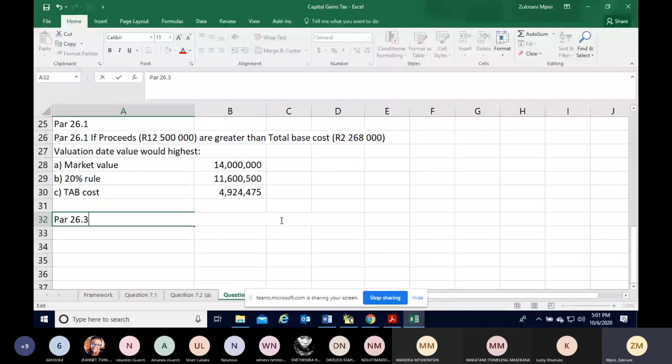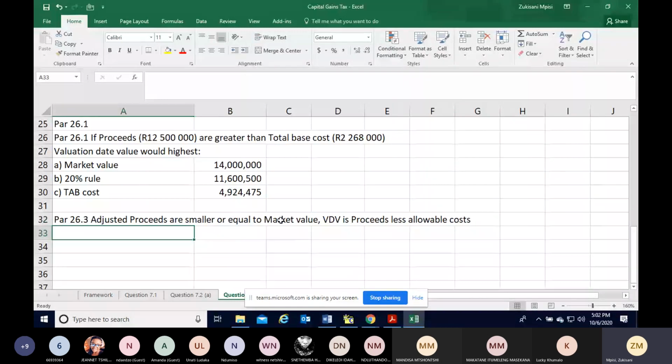I just want to read it correctly. 26.3 says if adjusted proceeds are smaller or equal to market value, then the valuation date value is proceeds less allowable cost. So allowable cost is anything that is allowable after the 1st of October 2001.